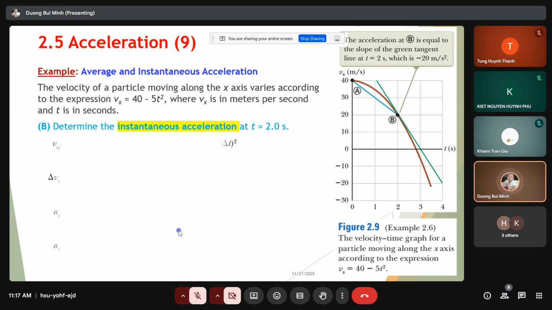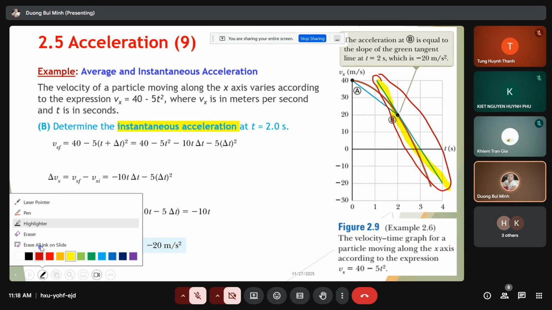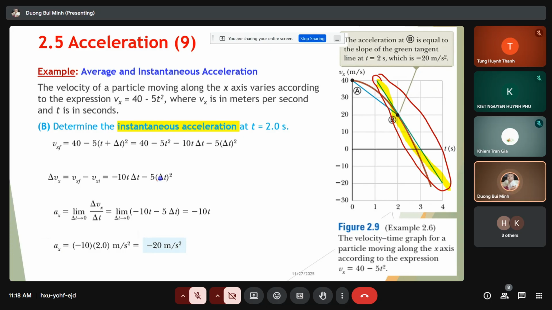Okay. So to determine the instantaneous acceleration at the time t of 2 seconds, this is the slope of Vx. And you don't have to calculate Ax separately, right? Ax is minus 10t.